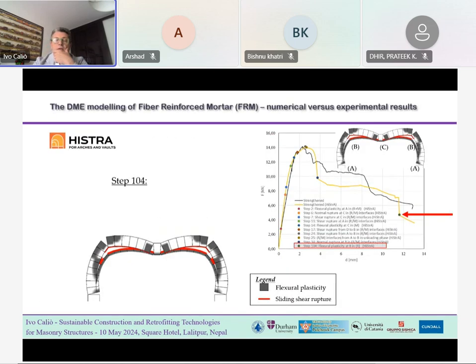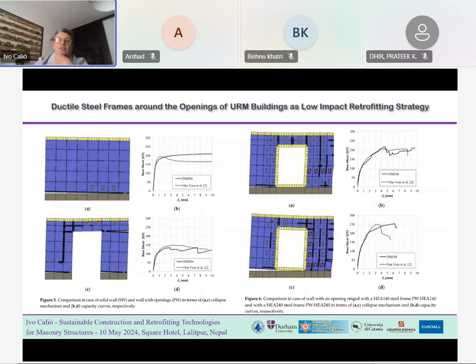Another modeling strategy that we proposed in our research group was the use of low impact retrofitting strategies considering a ductile steel frame around the openings.